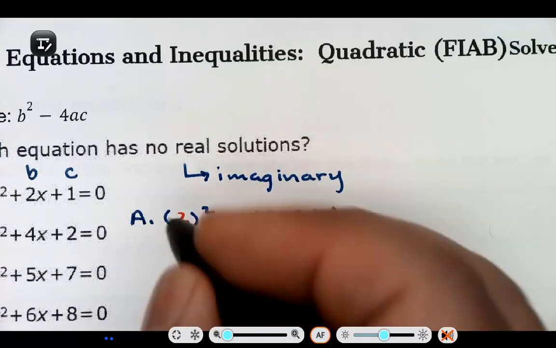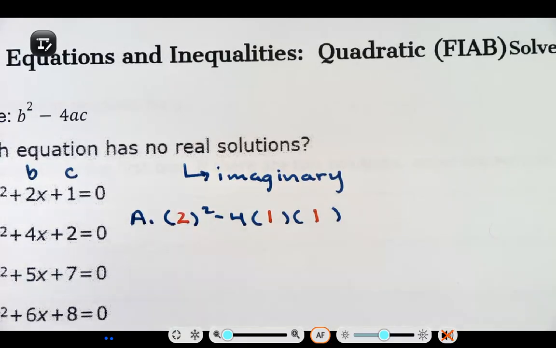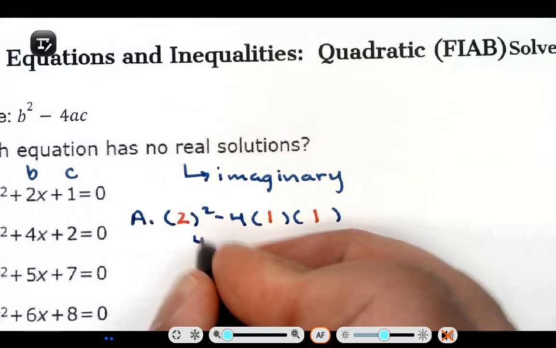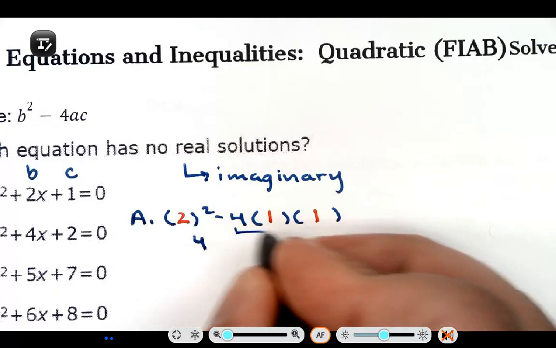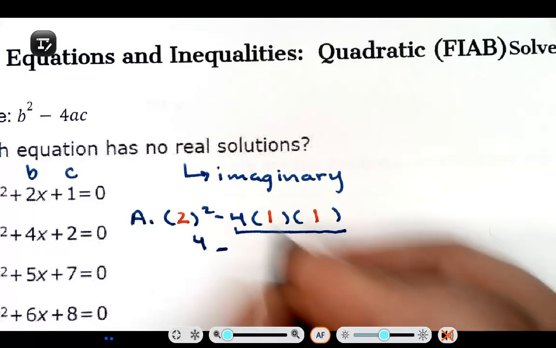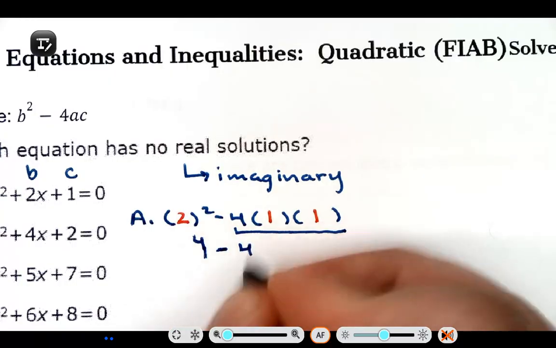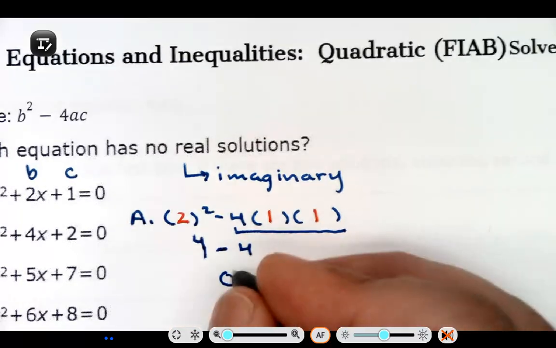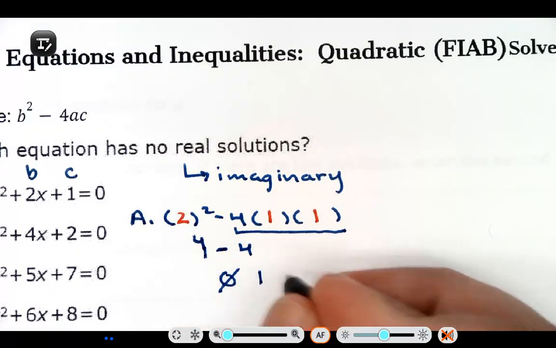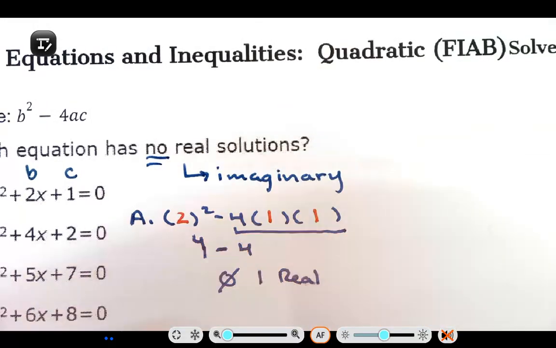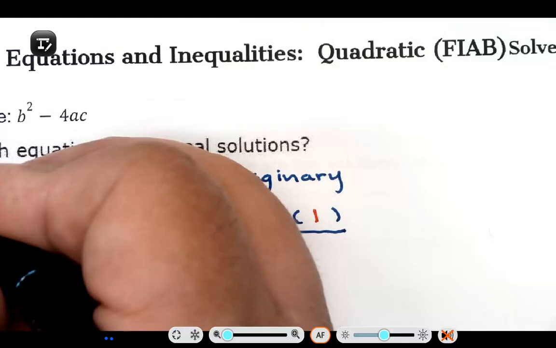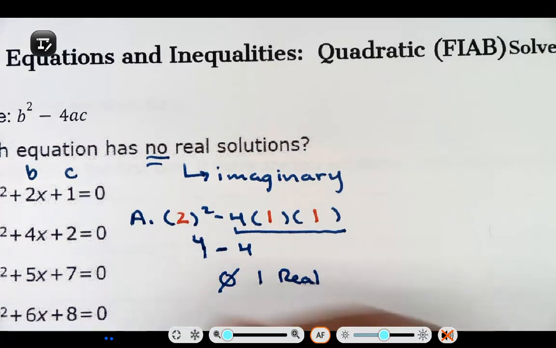Let's just do it ourselves here. 2 squared is 4. 1 times 1 is just 1. Remember, we're trying to multiply all of these. Still a negative in this case, so negative 4. And 4 minus 4 is 0. Remember, when you get a 0, that's one real solution. So that's not what we want. We're looking for no real solution. All right, so it can't be A. We'll cross that out.